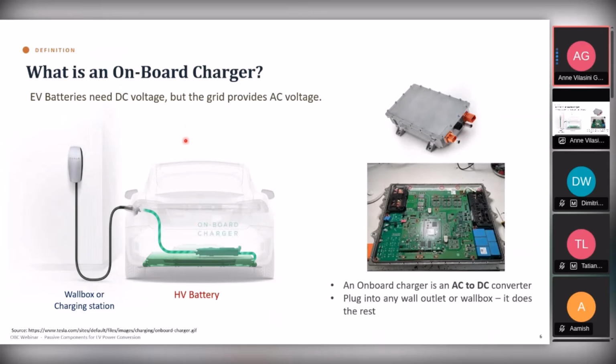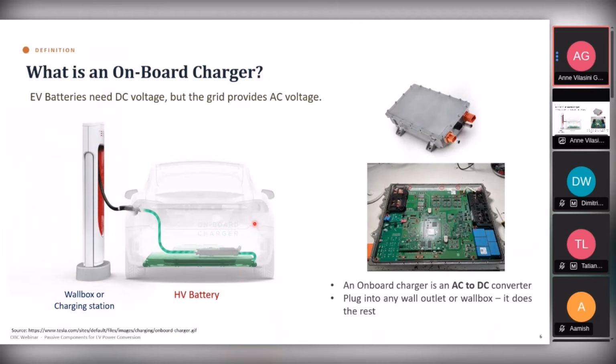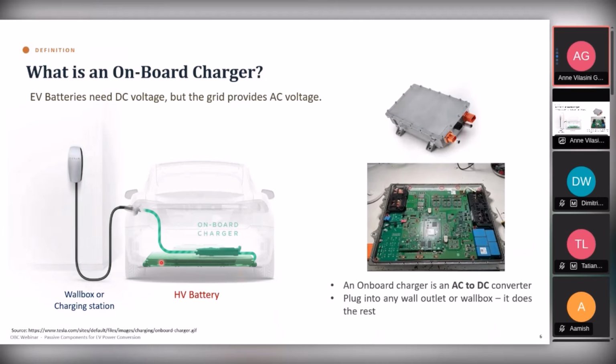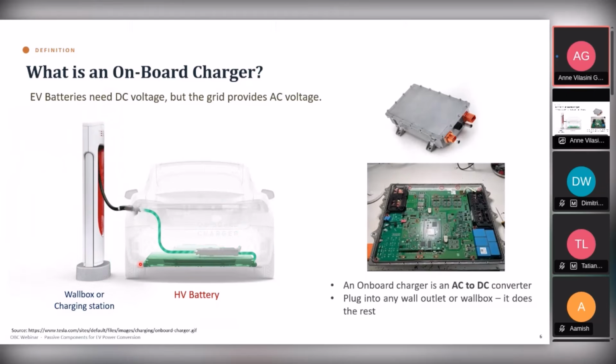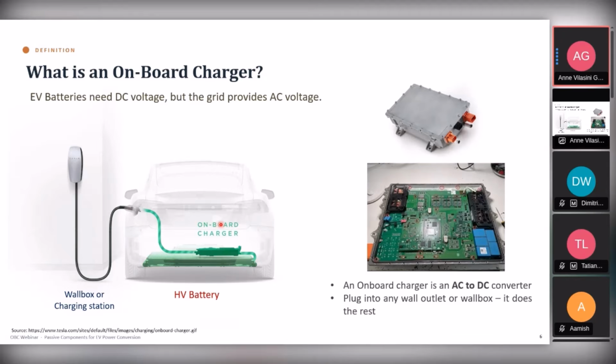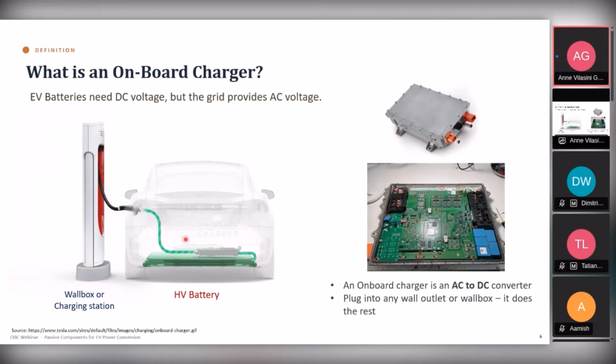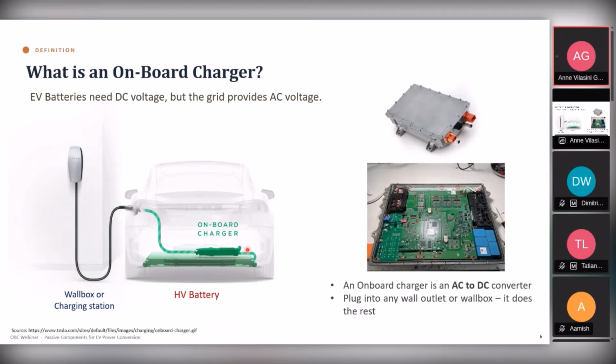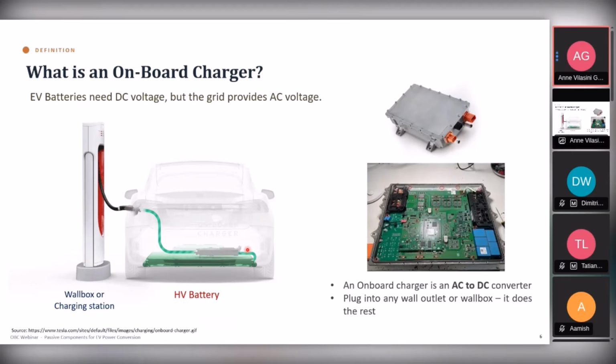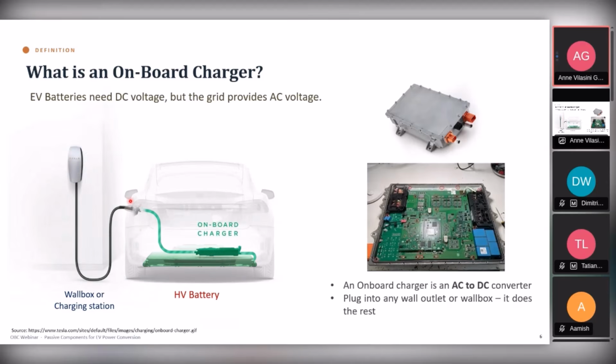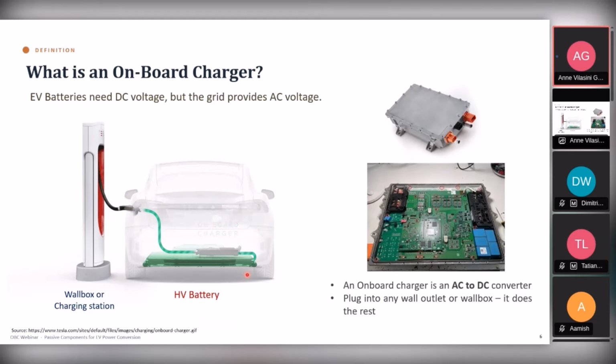This high voltage battery normally needs a DC voltage, but when you are charging your electric car, you get AC from the grid, which is not suitable to charge your battery. So there is a component inside your car, which is called an onboard charger, which does the power conversion. Basically, in simple terms, it converts the AC voltage from the grid to charge the battery with a DC voltage.